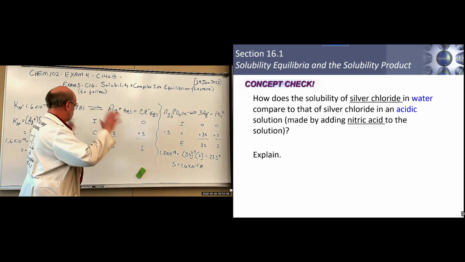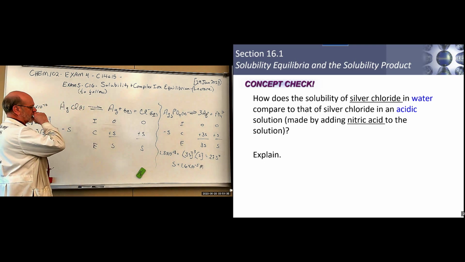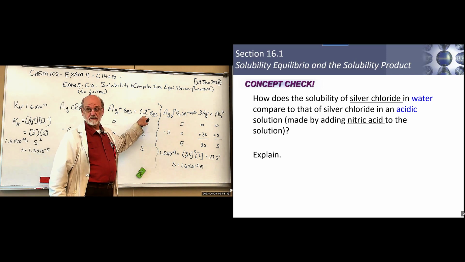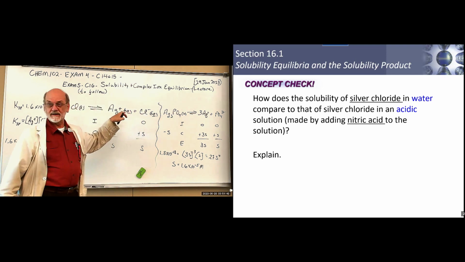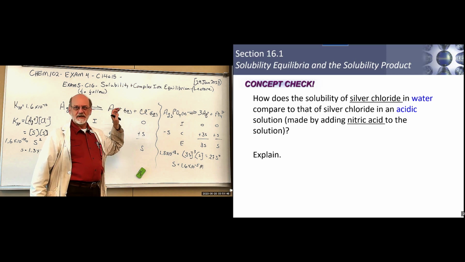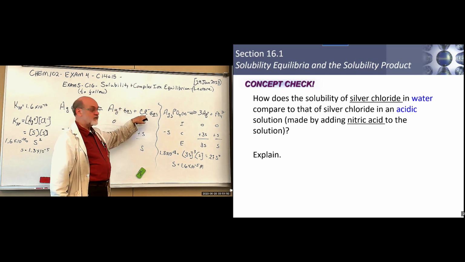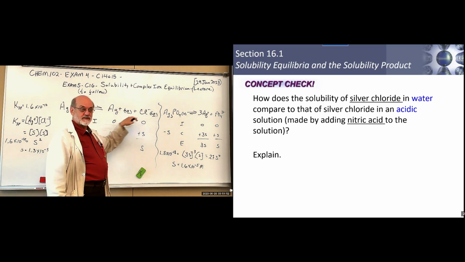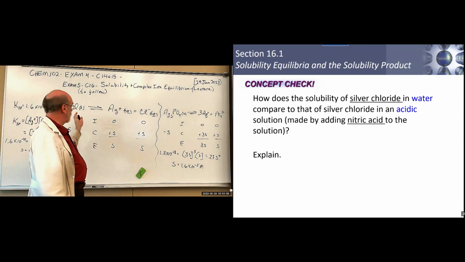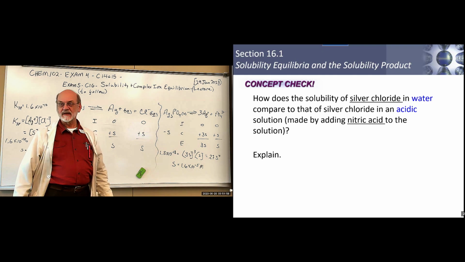Just for argument's sake, if we have some chloride already in solution, how's that going to affect the solubility? If you've already got chloride in solution, is it going to increase or decrease the solubility of silver chloride if you put some in the water?